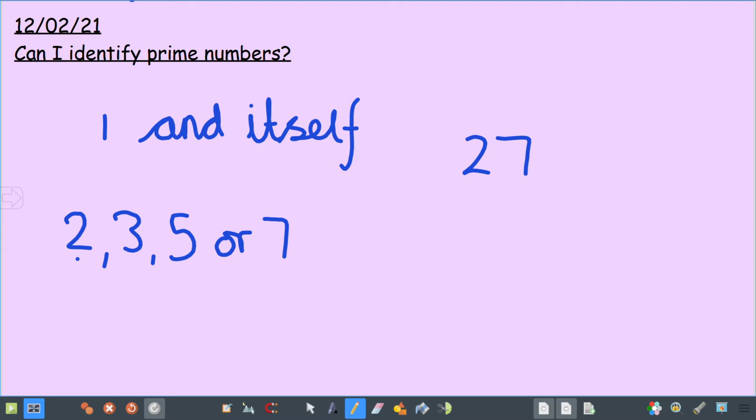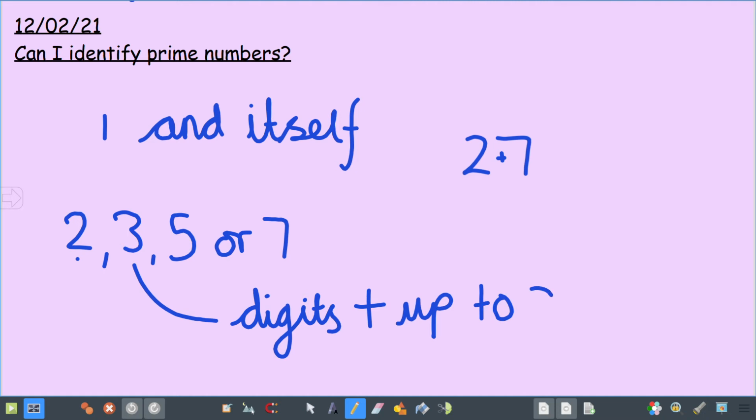Okay, is it in your 3s? Well, you should know that 27, you've got the factor pairs, 3 and 9, okay? Now, if you can't remember, or if it's out of your times table range, can you remember what to do with your digits? Okay? If something is a multiple of 3, the digits add up to 3, 6, or 9.